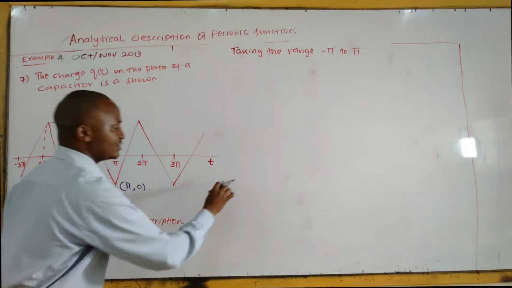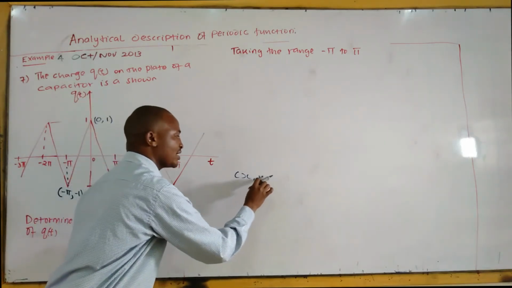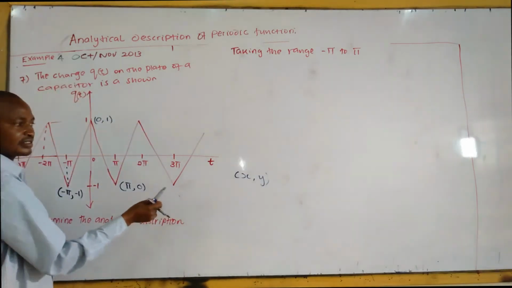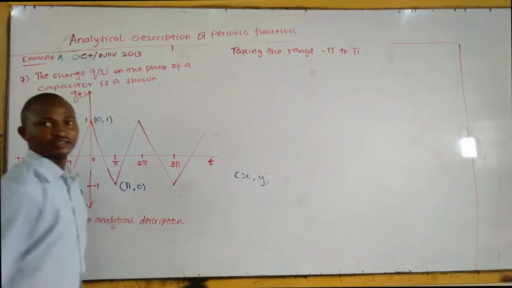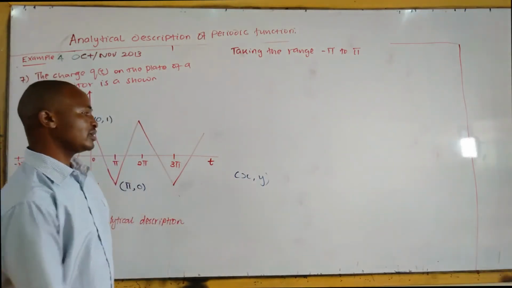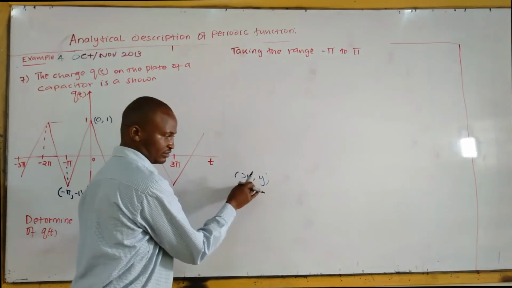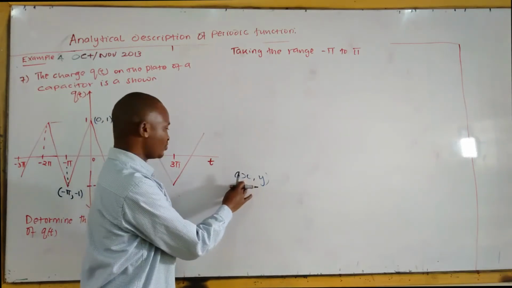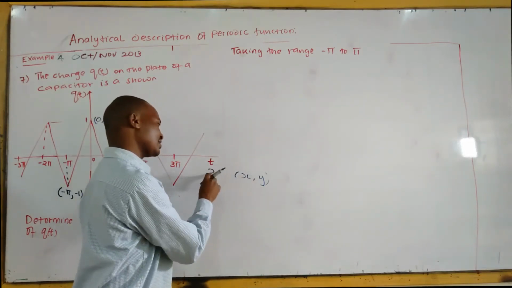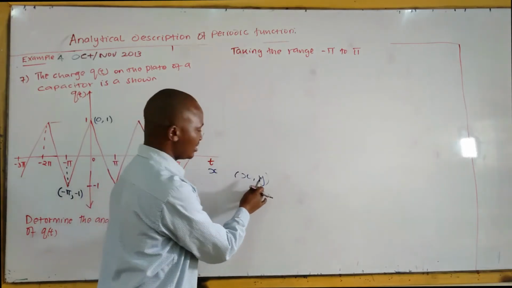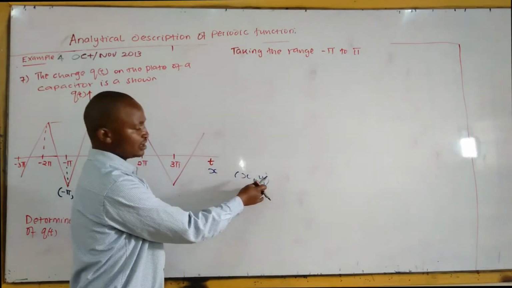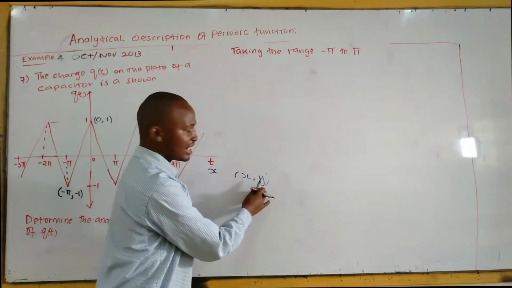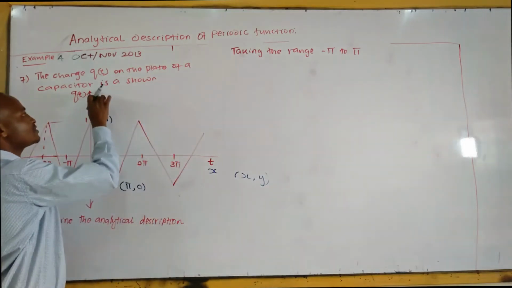This is the same as saying x and y. We usually give the coordinates by first giving the value of the independent axis, which a lot of the time is x, and then the value of the dependent axis, which a lot of the time is y.